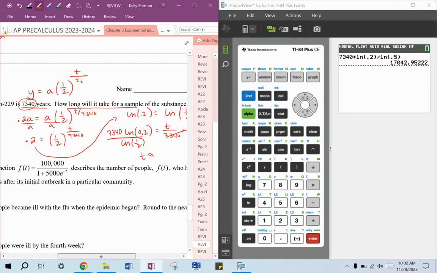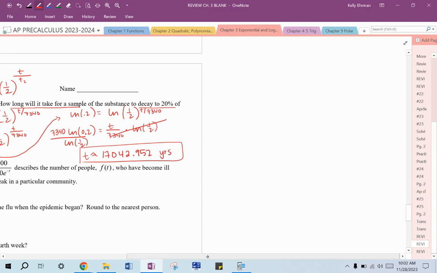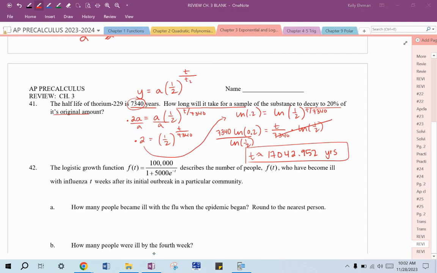Oh, pretty long time. 17,042.952. t is measured in years for all of these half-life problems. All right, that makes sense. It's got to be more than 7,000. 7,000 is when we would be down to 50%. So we're asking when will we be down to 20%? It's going to take longer.